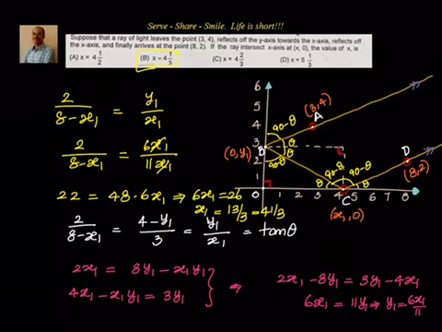So let's just try to recap what we have done. We have been given that a ray of light leaves 3, 4, reflects off y-axis, then reflects off x-axis and arrives at point 8, 2.